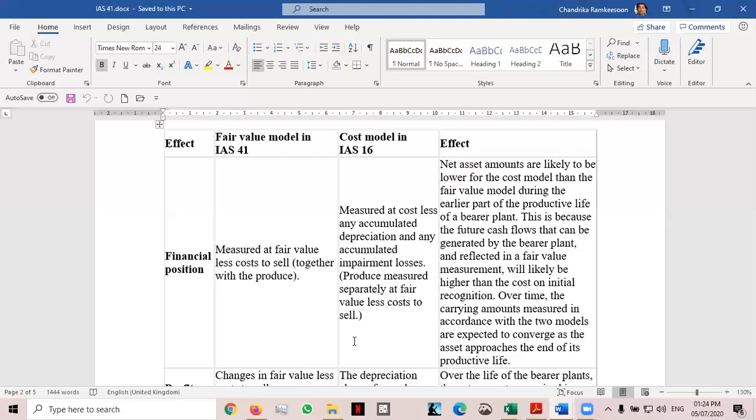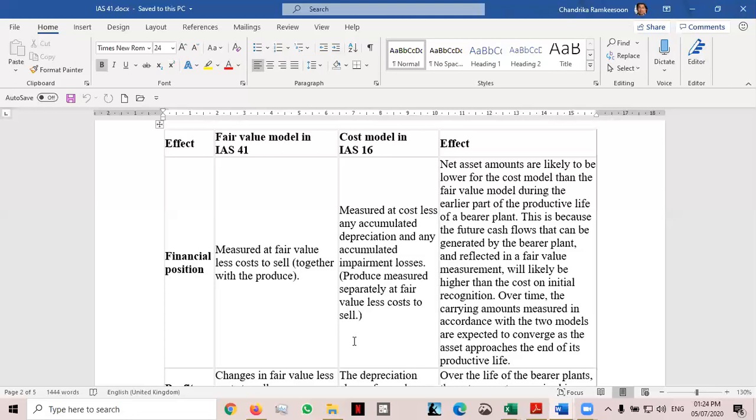But according to IAS 16, cost less depreciation and impairment. So it makes a difference. And that is one of the reasons why this standard is so important. And this obviously would be one of the implications of the change that took place in January 2016, where previously everything was classified under IAS 41.